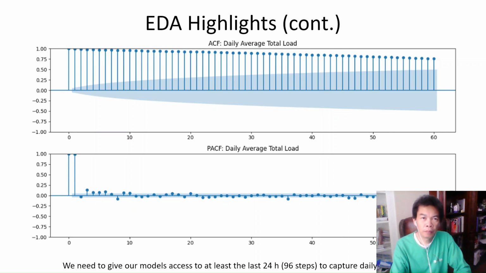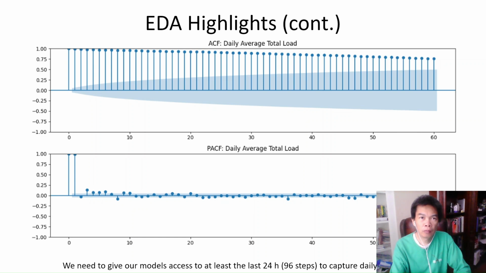So the ACF remains extremely high, near 1, confirming a non-stationary series with very strong persistence. The PACF shows a huge spike at the beginning, near 1. After that, the partial correlation dies out near 0.